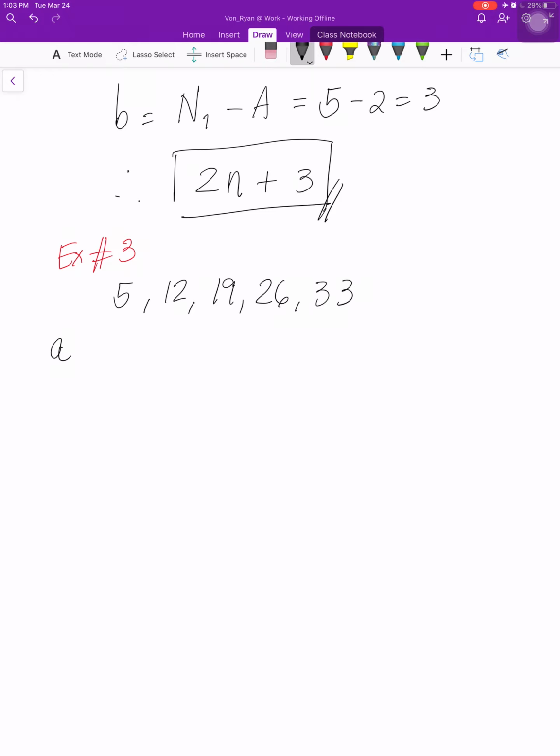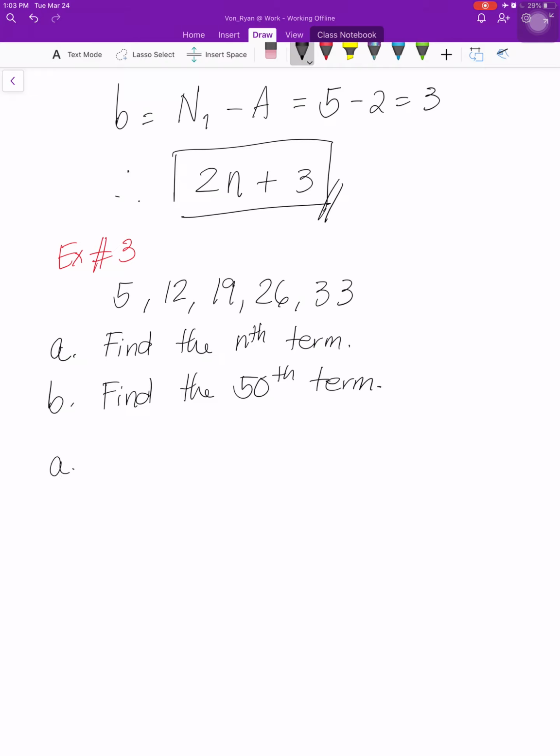So let's divide this question into two: find the nth term, and then find the 50th term. Once again, we need to work with a first. It's going to be easier to find the 50th term if we have the formula for the rule. So again, it's an plus b.